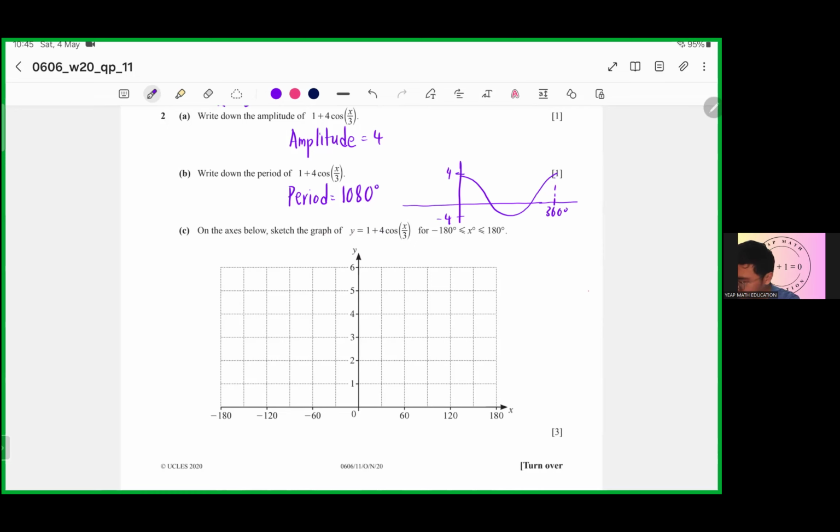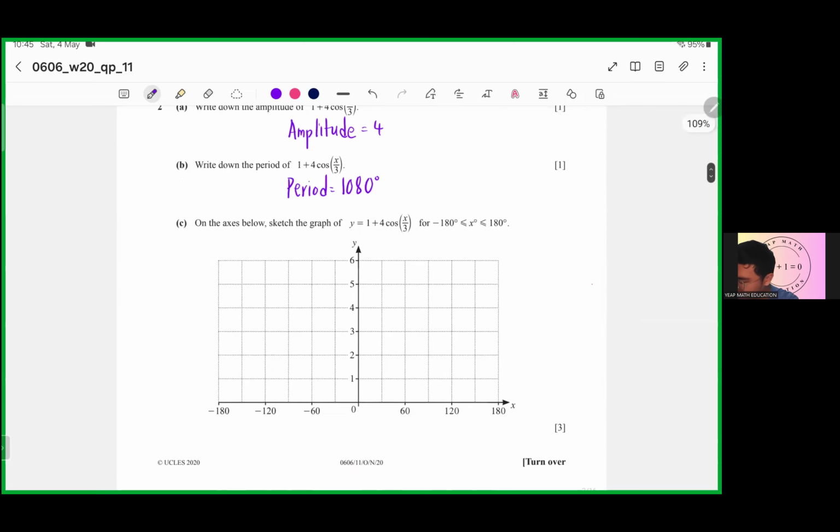It means the half. Or we can calculate it: 1 plus 4 cos 180 degrees over 3. Let's see what numbers we can get.